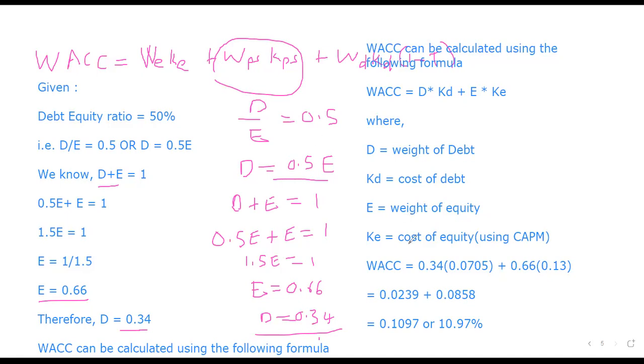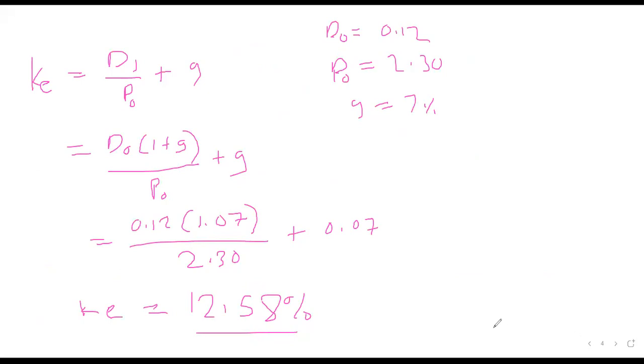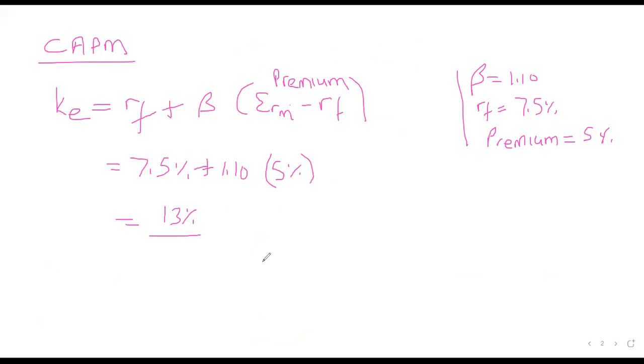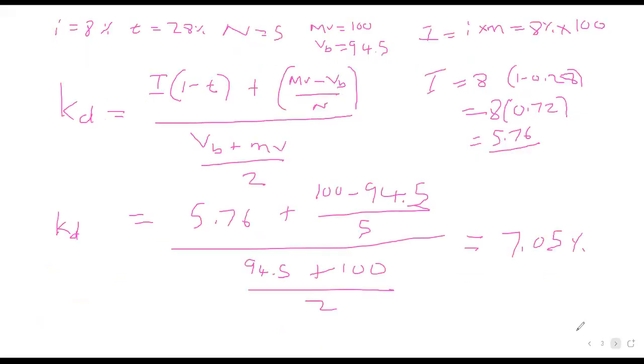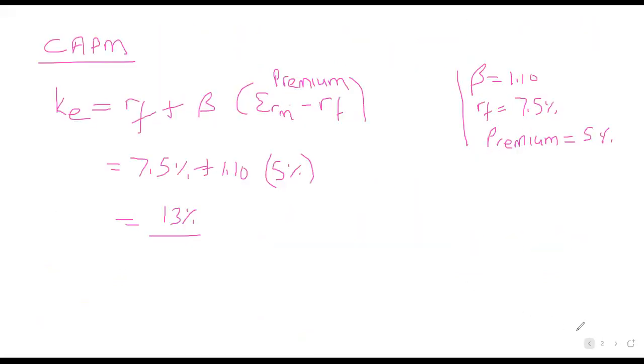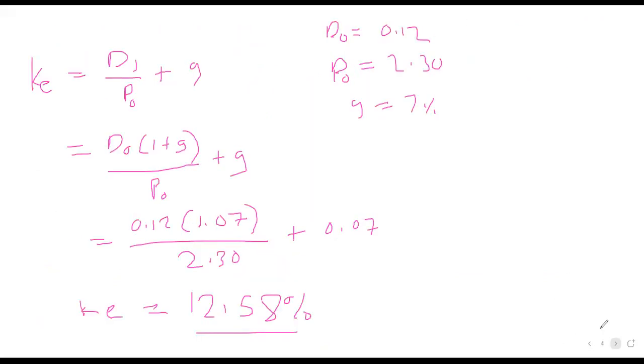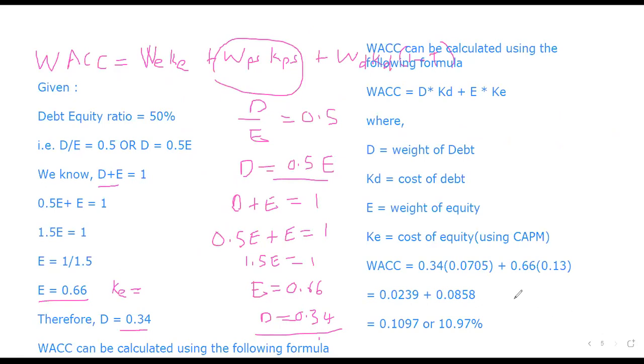We already calculated using the CAPM model, our cost of equity, KE, was 13%, and our cost of debt was 7.05%. So where there's equity, we put 13%.